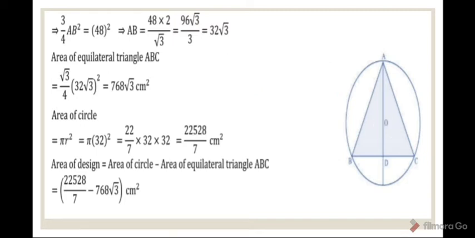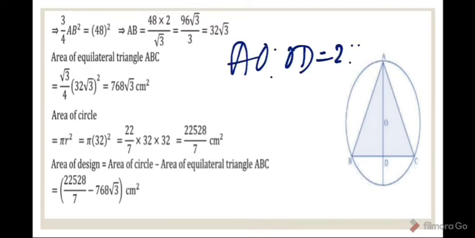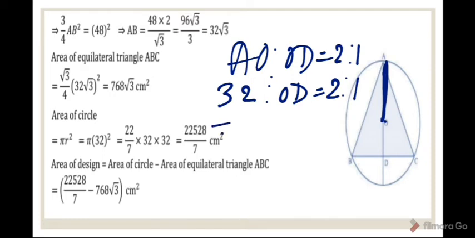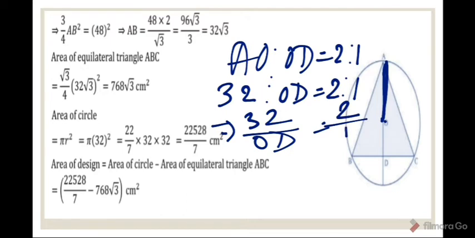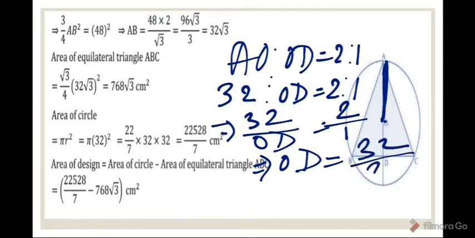Now I got AO is to OD is equal to 2:1, and look here, since O is the center, AO is the radius, which is given as 32. So 32 is to OD is equal to 2:1. You can write 32 by OD is equal to 2 by 1, or OD is equal to 32 by 2, which is 16.